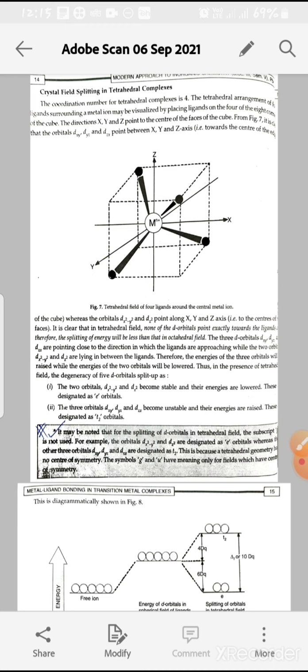Now we will learn that in a tetrahedral field, none of the d orbitals point exactly towards the approach of the ligands.